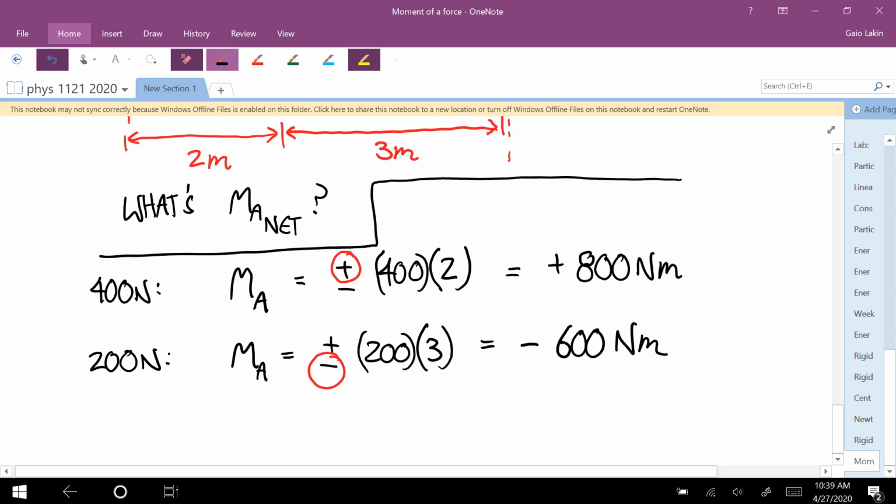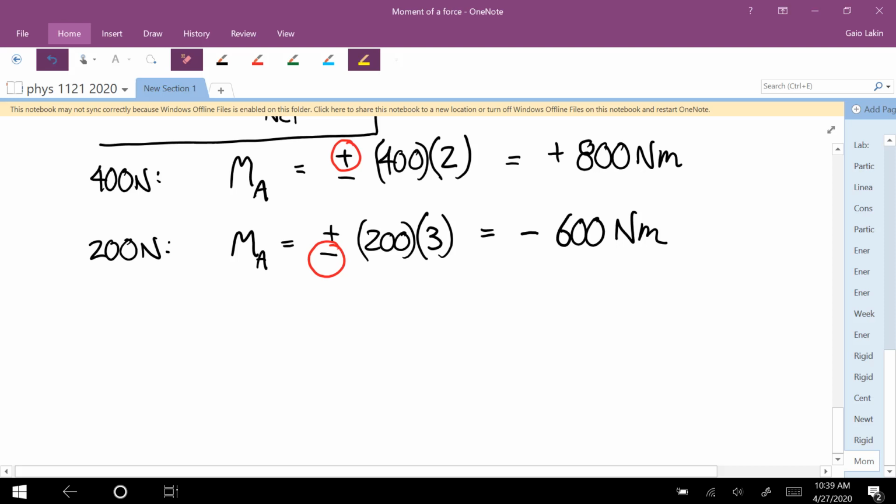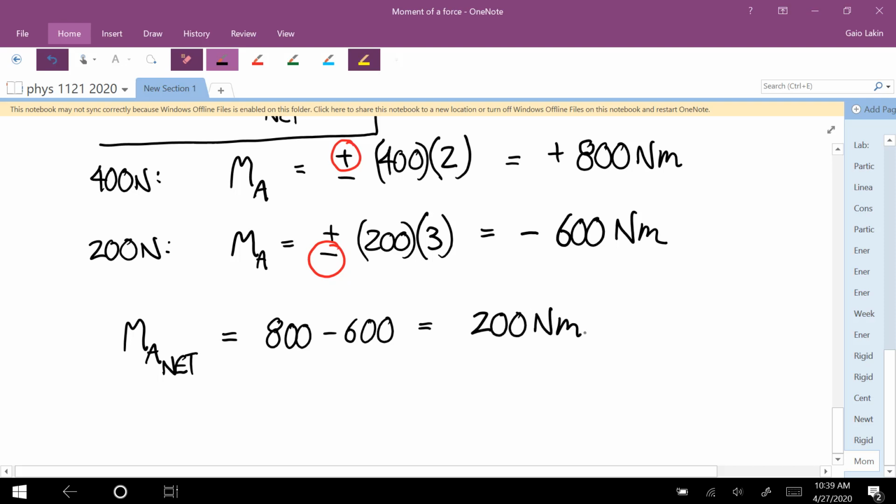Now that we've dealt with the moments for each individual force, we can calculate the net moment about that axis. And you just get it by adding up these values. So 800 minus 600 gives you a total value of positive 200 Newton meters.